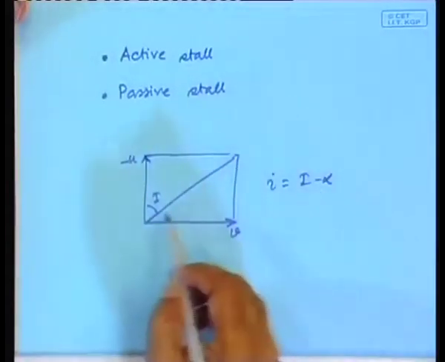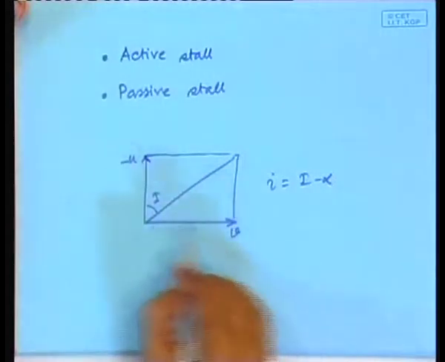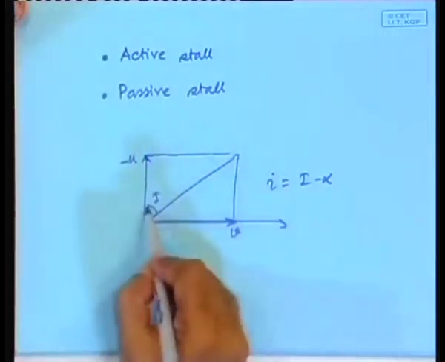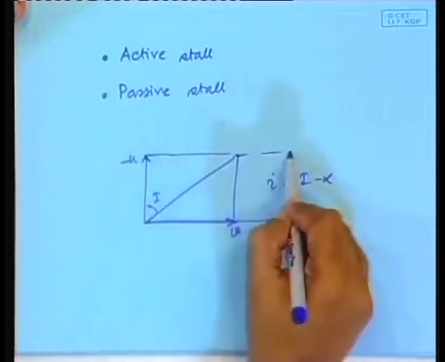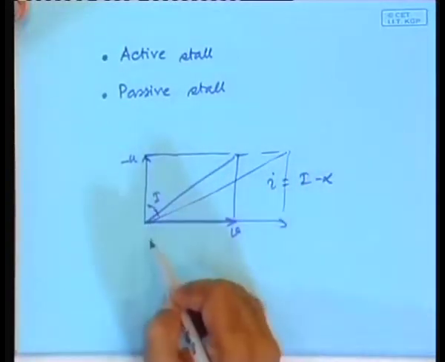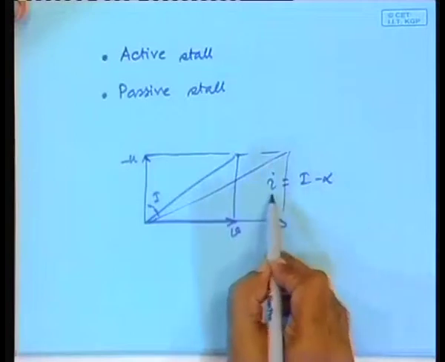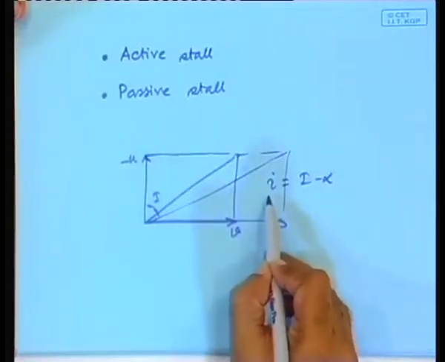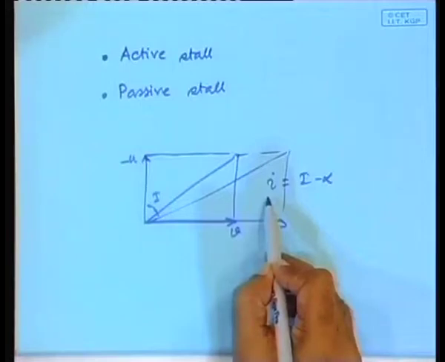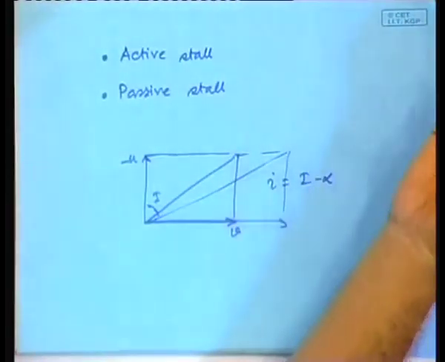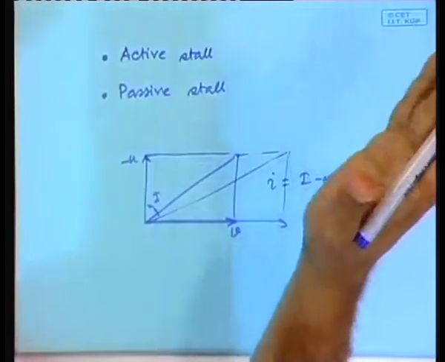Then what happens? As wind speed changes, it becomes larger. This capital I changes, it becomes like this. If the capital I changes, the small i also changes, which means it is no longer operating at the optimal point. This means that even if you do nothing, the output power will vary, and the whole thing can be so designed that if you change the wind speed beyond its rated speed, then it automatically drops.